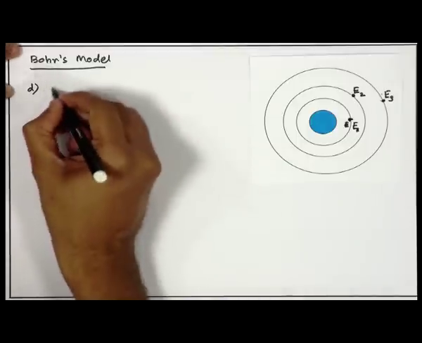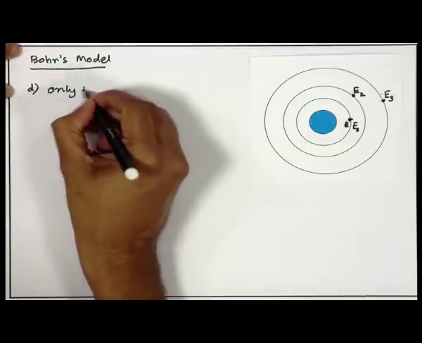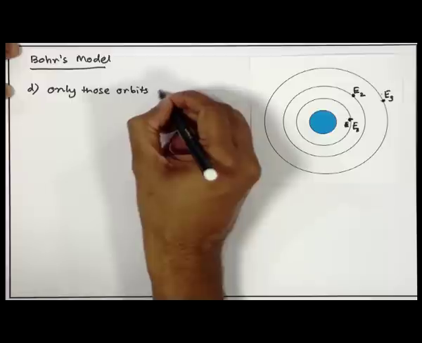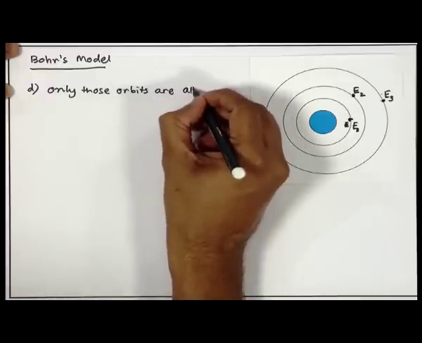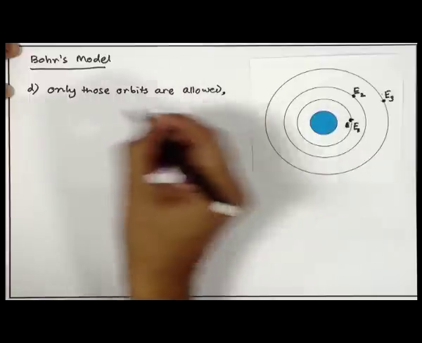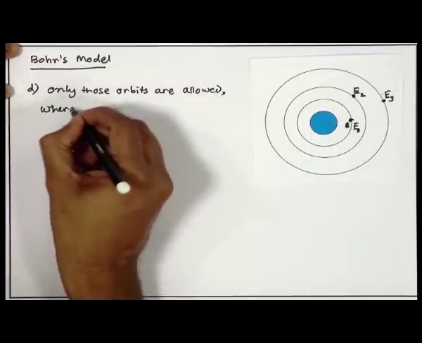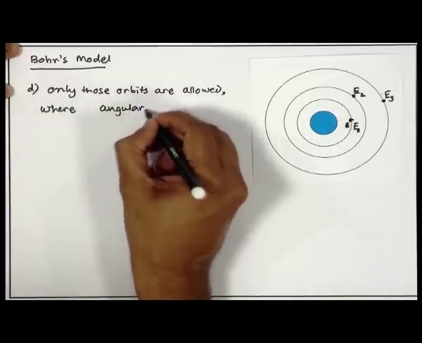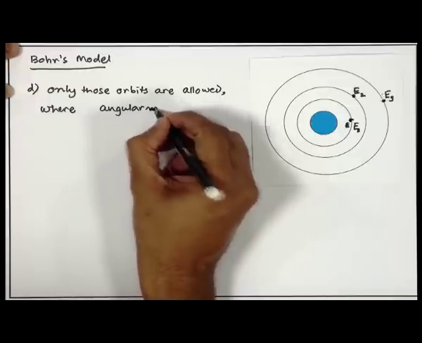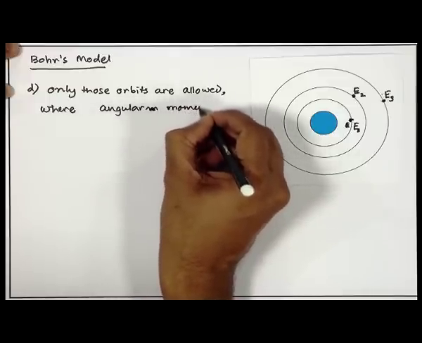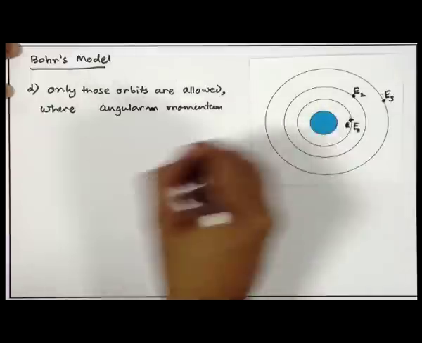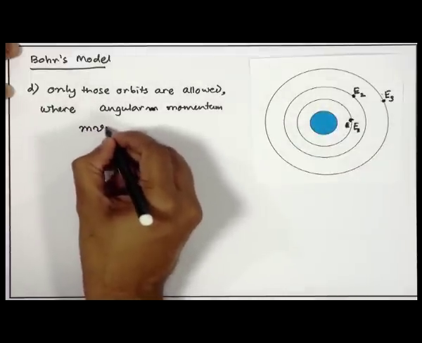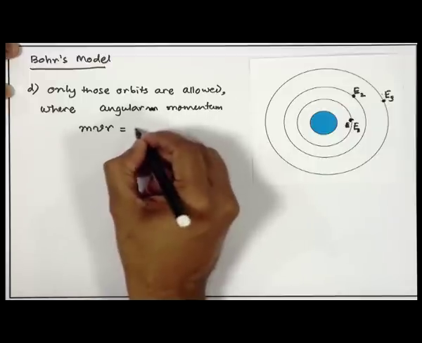He suggested that only those orbits are allowed where the angular momentum of the orbiting electron, which is given as mvr, is a constant.